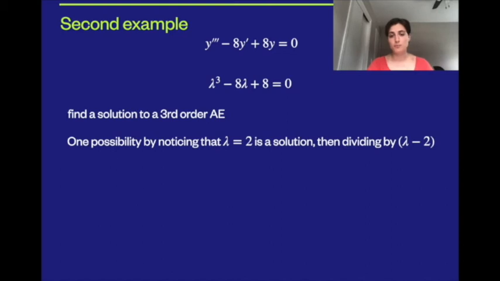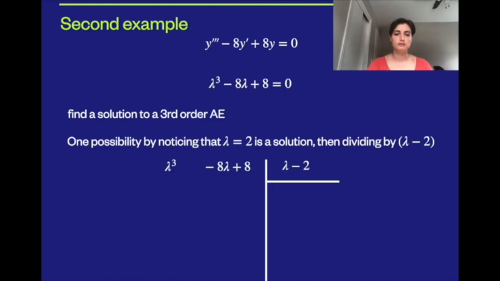Then you can divide your full left-hand side by lambda minus 2. Just to remind you how that works, this is one of the many ways you can solve a third order equation and one of many ways you can calculate a division between two polynomials.